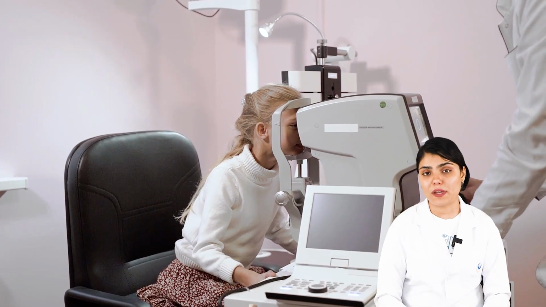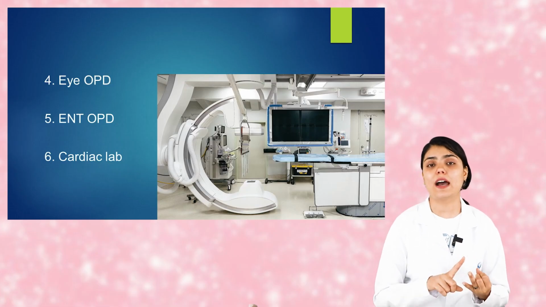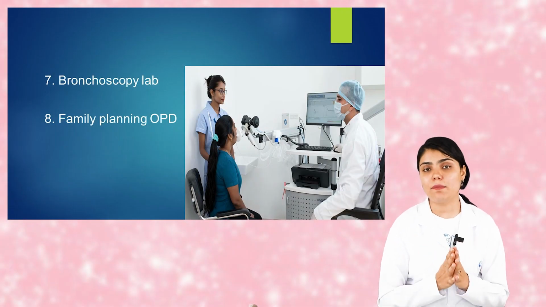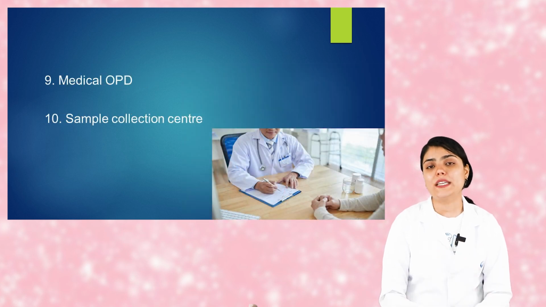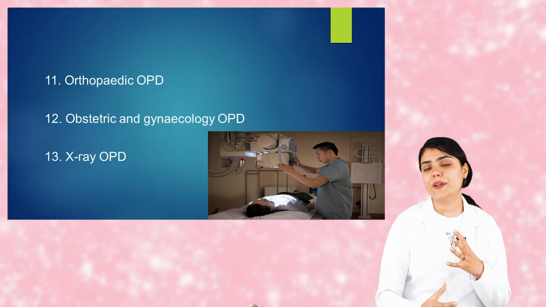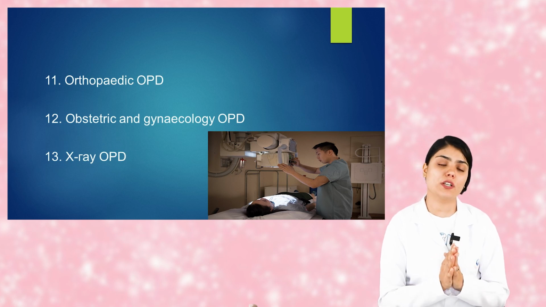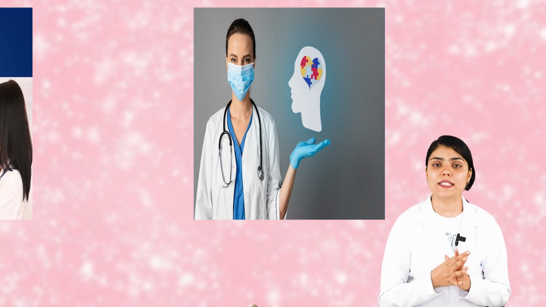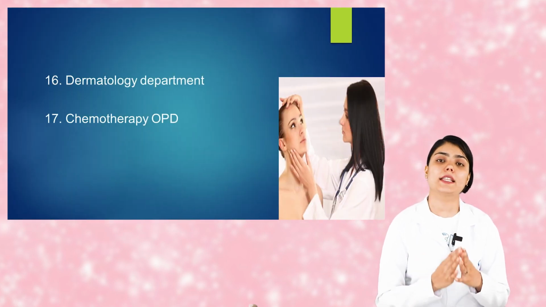Other important departments also include the ENT OPD, the eye OPD, the cardiac labs, the bronchoscopic lab, family planning OPD, medical OPD, sample collection center, orthopedic OPD, obstetric and gynecological OPD, the X-ray department, neurology department, psychiatric department, the dermatology department, and the chemotherapy department. So along with all the important departments that we discussed in detail, these are other departments that are located in the hospital and are also an important part of it.